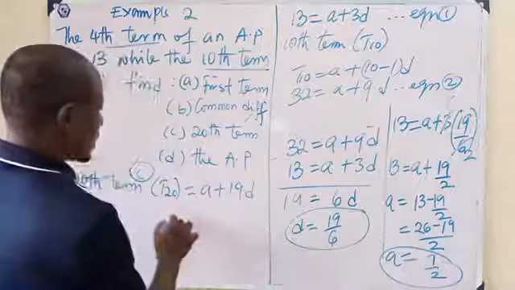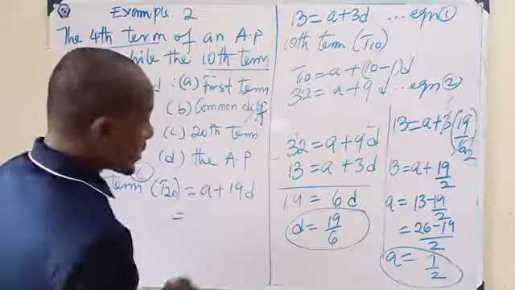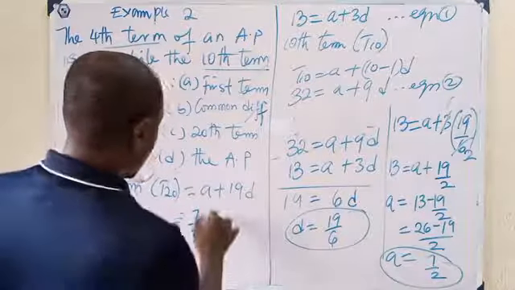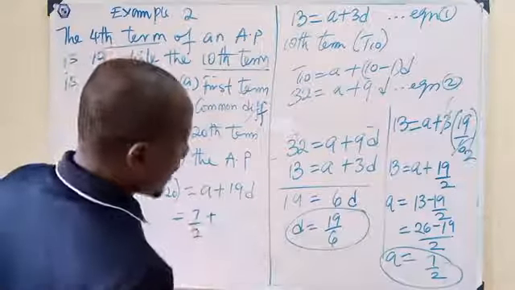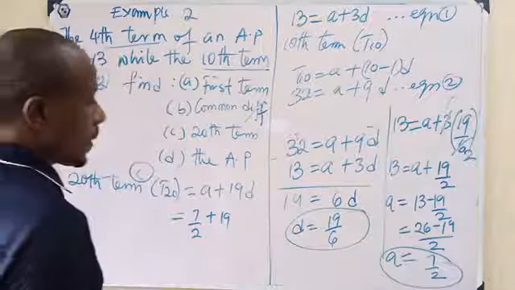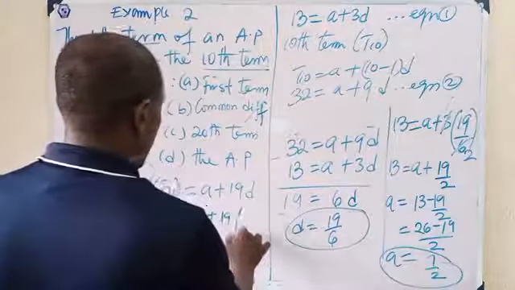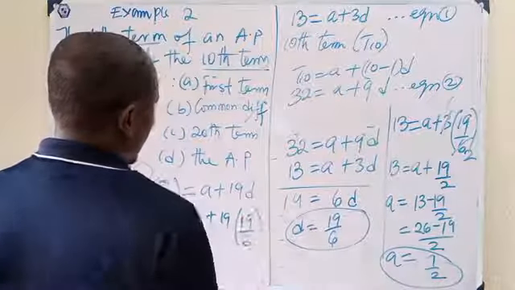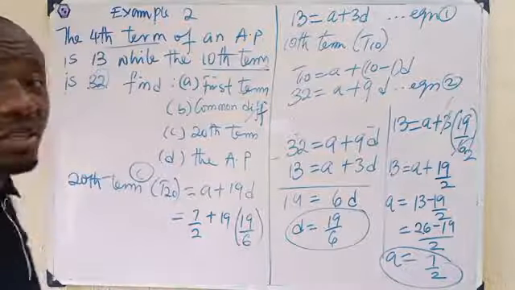So what's our A? 7 over 2, plus 19 times D, which is 19 over 6. Can you see it?